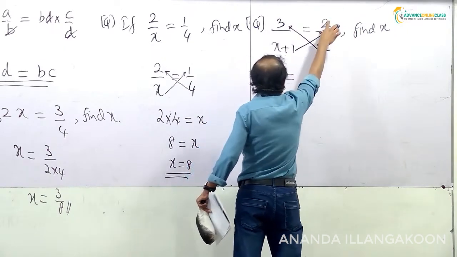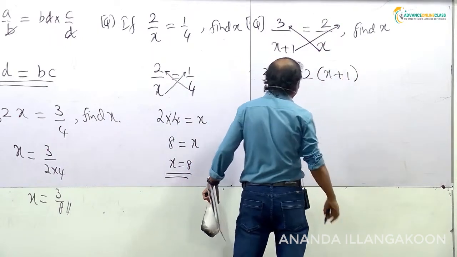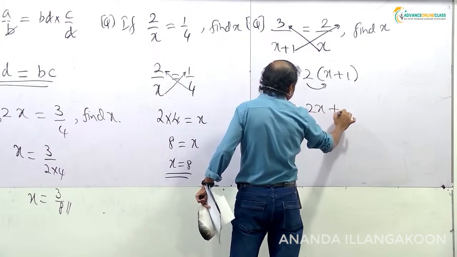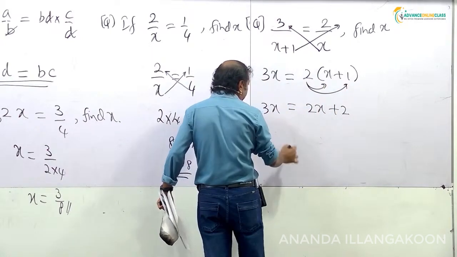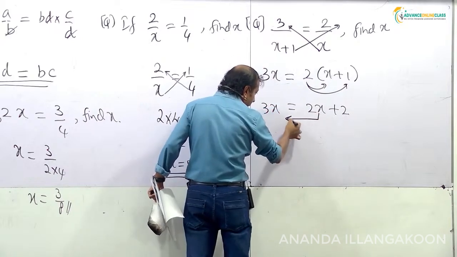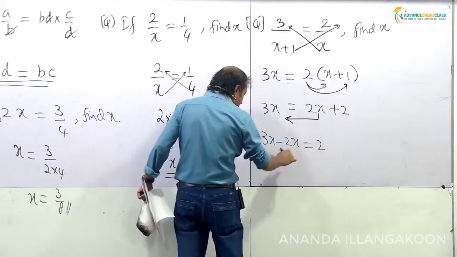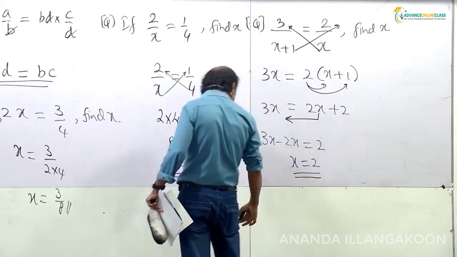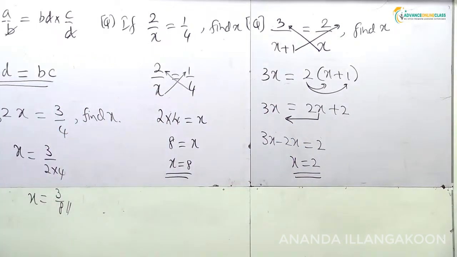Bring this x plus 1 here, 2 times x plus 1. People, remove the bracket here: 2x plus 2. And we multiply here, 3x. Now bring this 2x to the left hand side: 3x minus 2x equals 2. 3x minus 2x is really x. Then x equals 2. This way we get the answer for x. Cross multiplication is possible to use.